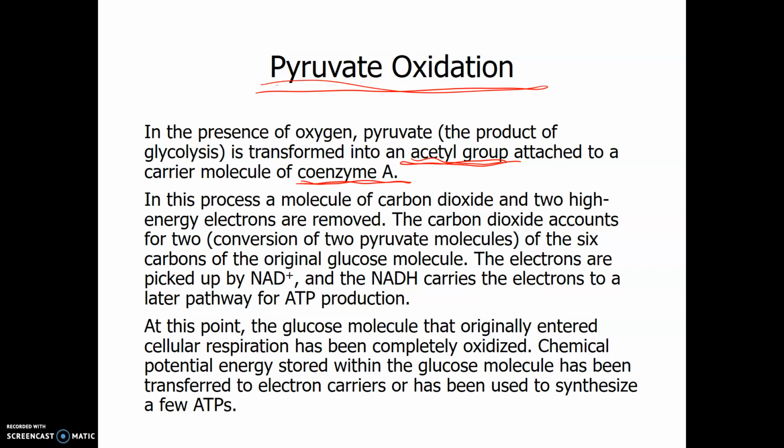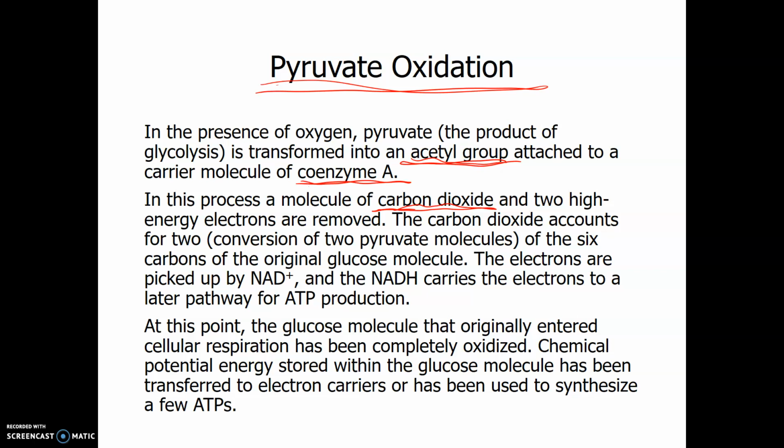So the pyruvate, which has 3 carbons, is converted into a 2-carbon acetyl group that's attached to coenzyme A. In this process, carbon dioxide is given off, because carbon dioxide has 1 carbon, and that's how the pyruvate loses its carbon, as carbon dioxide.